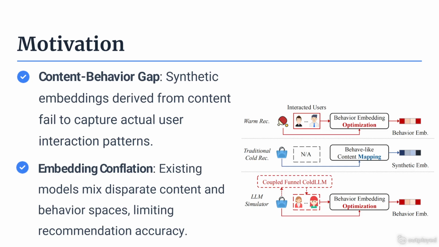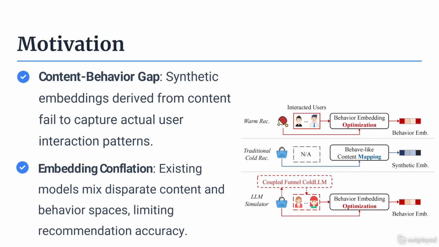So let's move to the motivation. Existing methods usually try to map item content to user preference, as the figure shows. However, the authors identified a critical issue called the content-behavior gap.